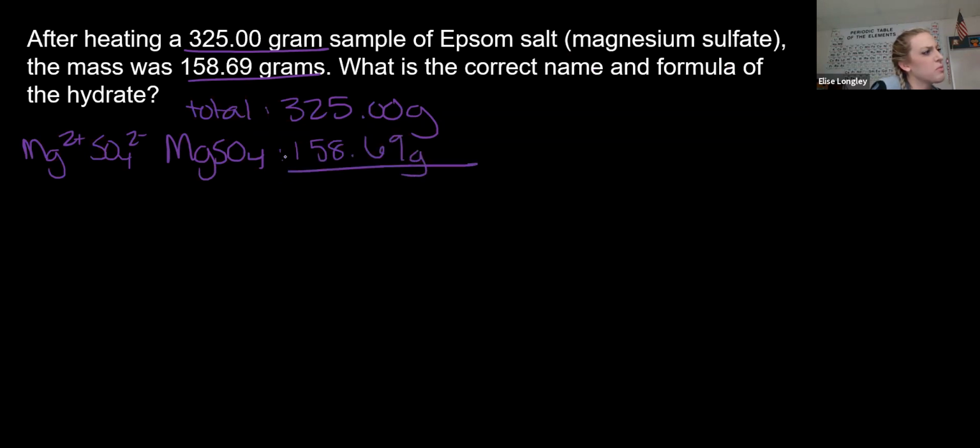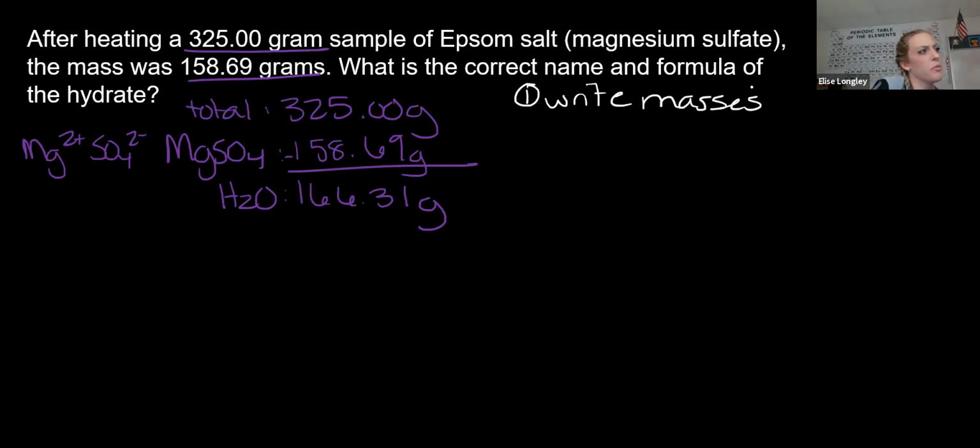Once we do that, we can subtract it and get just the water alone, which should be 166.31 grams. So that's how we're starting. Step one is to write those masses with the compounds.